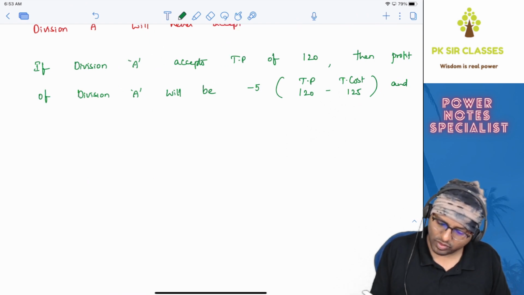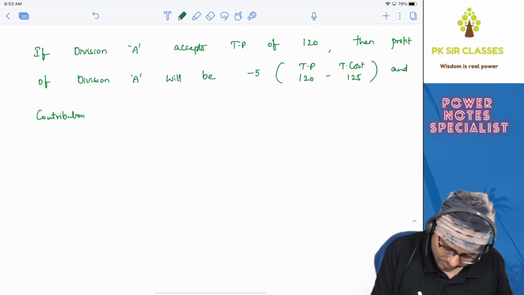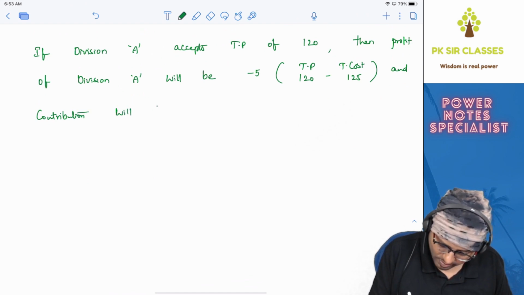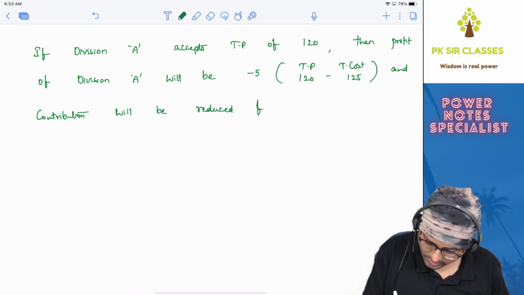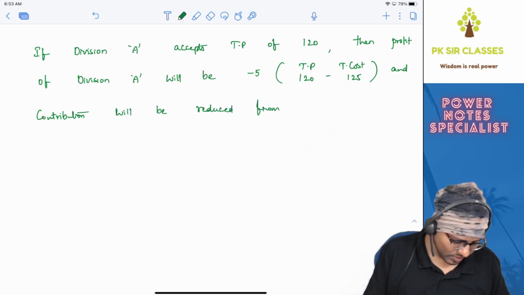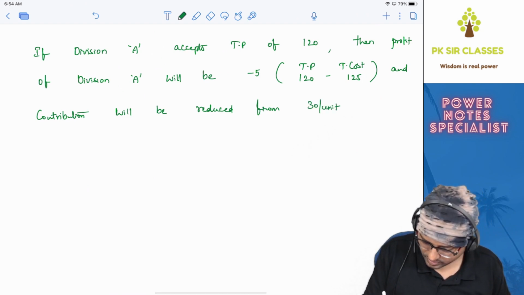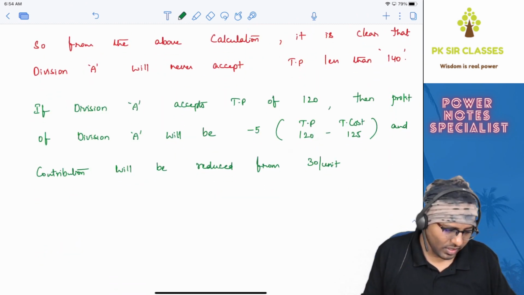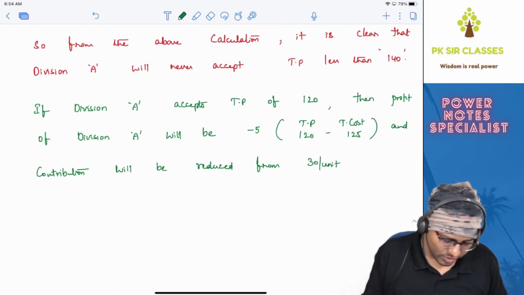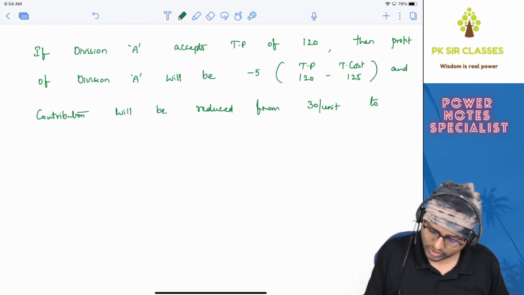Let us see what will happen to the contribution. Contribution will be reduced from, earlier what was the contribution? 30. Here also you have calculated 140 minus 110, which is 30. So contribution will be reduced from 30 to, now what will be the contribution? 10.